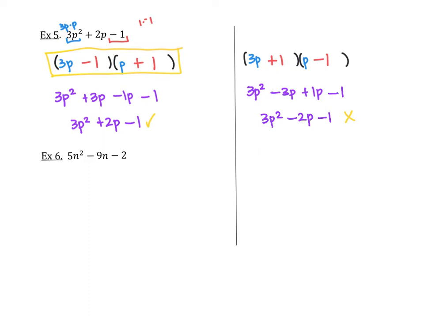Okay, last one. Making another guess because my teacher asked me to. Okay, 5n to the second. How about 5n times n? Okay, let me look at the last number. Negative 2. So I'm going to need a positive and a negative. And I could switch them.